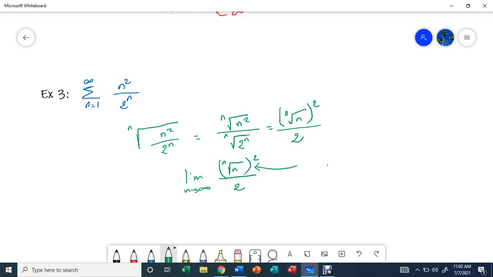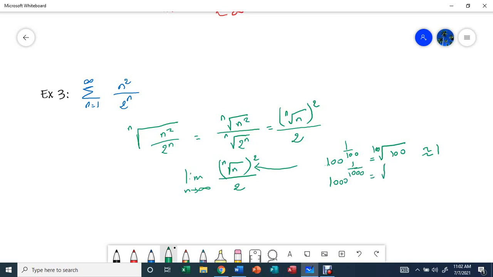And you can try 100 to the 1 over 100. That's the same thing as the 100th root of 100, and it's gonna be approximately 1. You can try 1,000 to the 1 over 1,000.